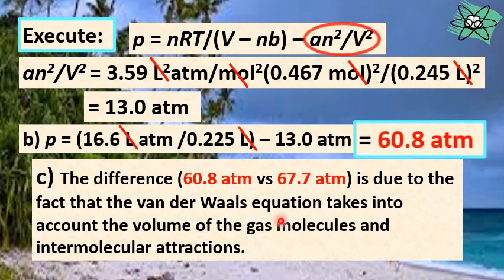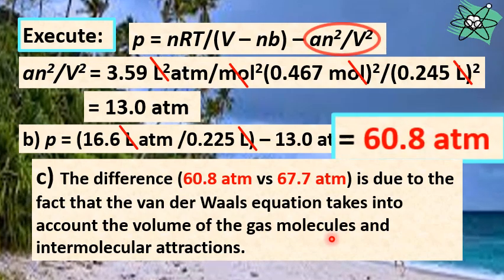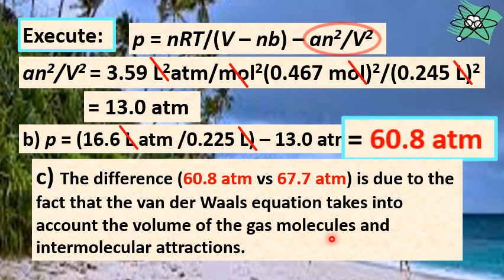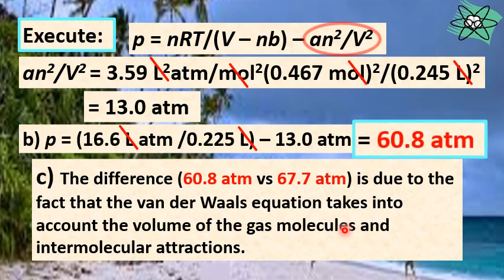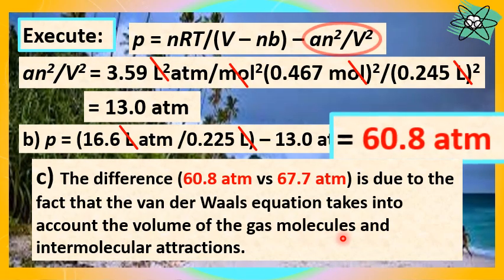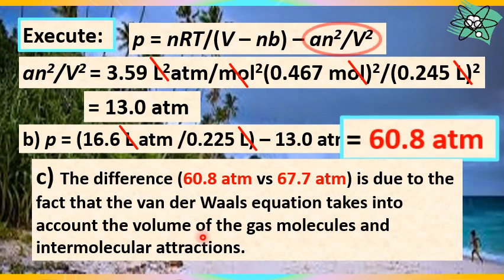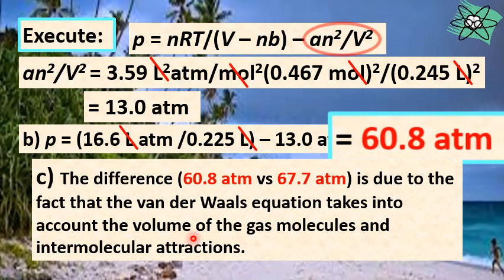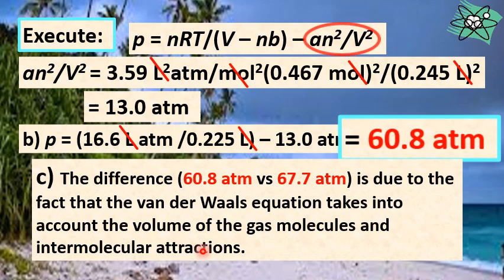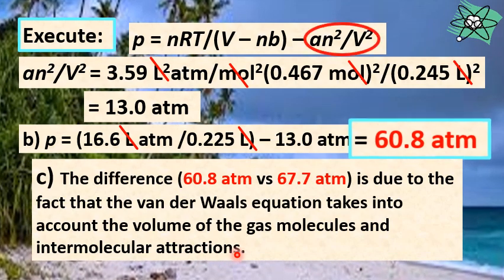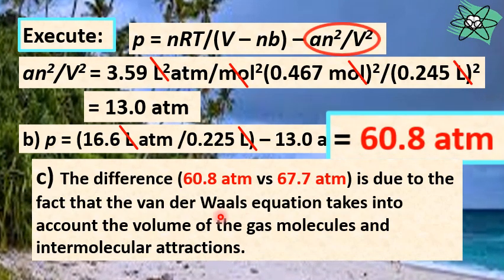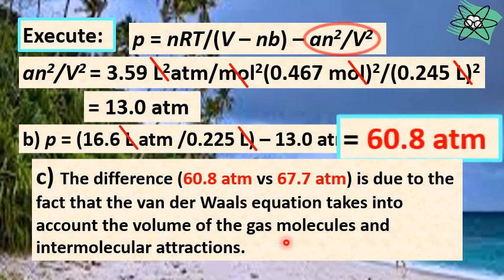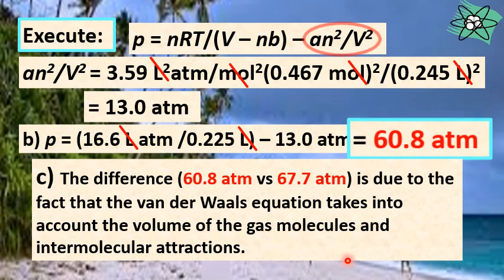But in here, using the van der Waals equation in our computation for P, we in fact considered the volume of the gas molecules as well as the presence of the intermolecular attractions. And that explains why there is a difference in the values of the pressure.